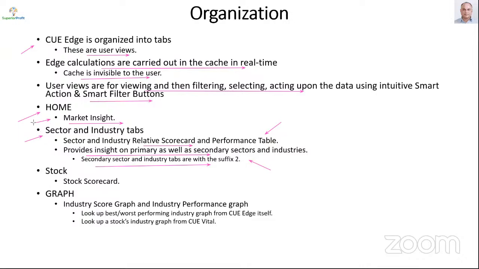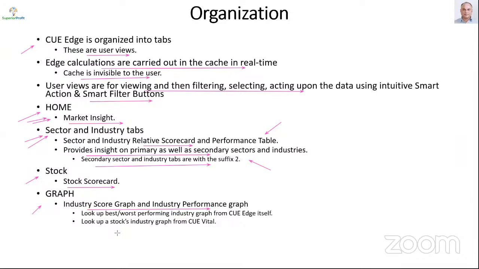And after the market level comes the sector industry level, then the stock level. You have stock scorecard for S&P 1500 stocks in the stock tab. And lastly, graph. That tab shows the industry relative score graph and also industry actual performance graph over the last couple of days, including today's real-time performance.